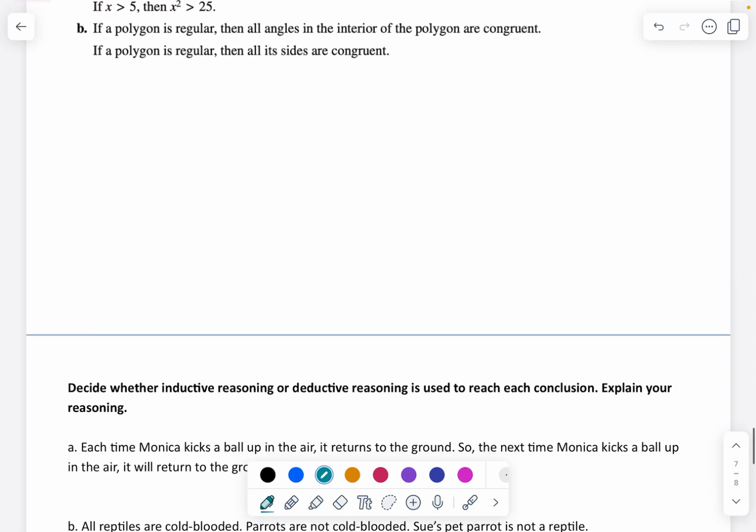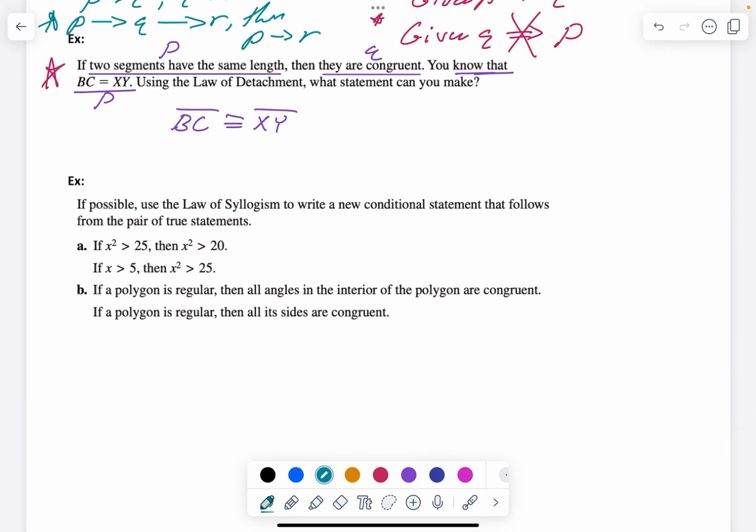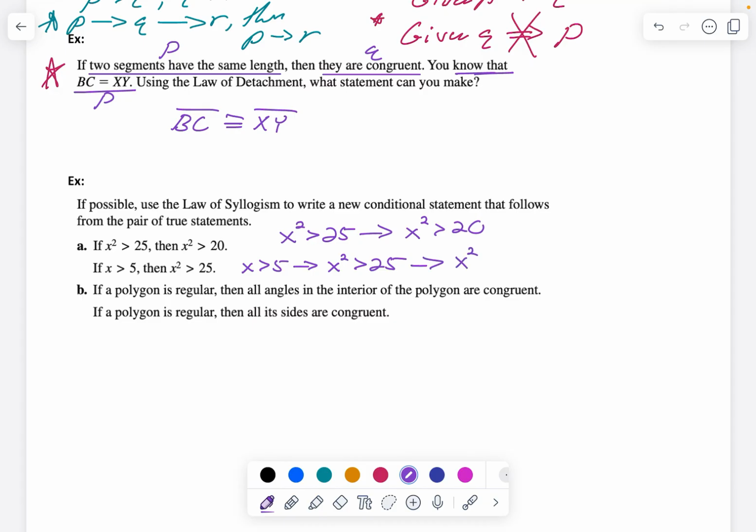So let's look at this example. It says, if possible, use the law of syllogism to write a new conditional statement that follows. So x squared greater than 25, then x squared greater than 20. Now, it says x greater than 5, then x squared greater than 25. So you can see that we could continue from our first one, that we could write this chain of reasoning.